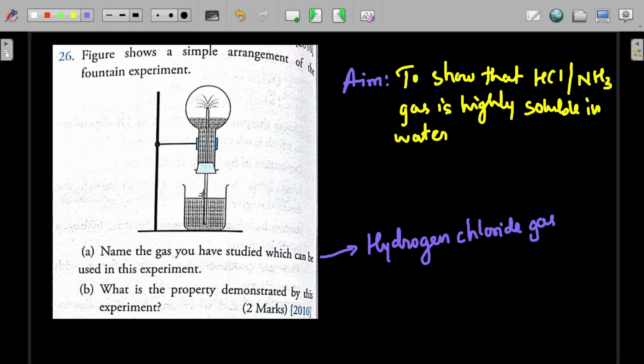Okay, since here they have not given the color of the fountain or color of the litmus solution, we can't say whether it is ammonia or HCl. So you can write any one here. Okay, ammonia gas. What property is demonstrated? High solubility of HCl or NH3 gas in water.